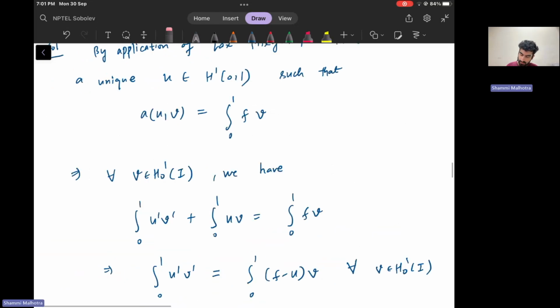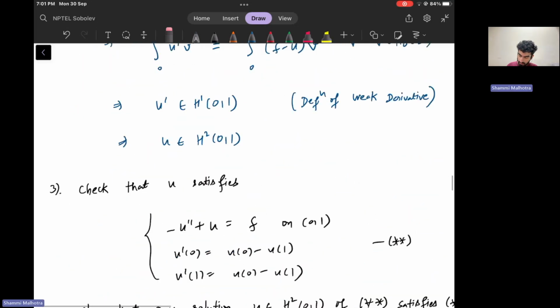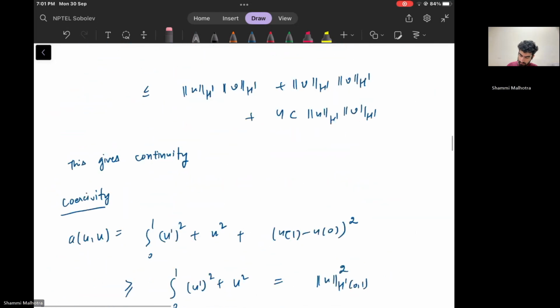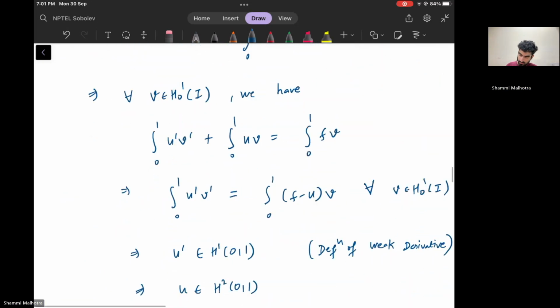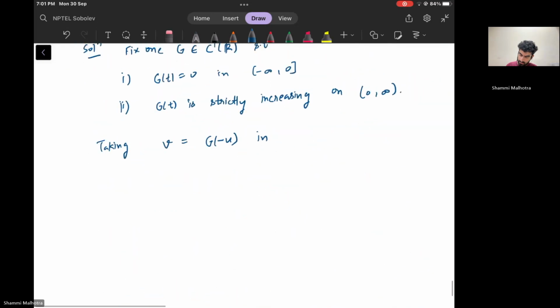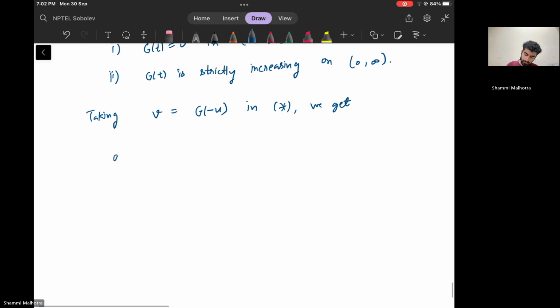Let me mention that as star. So using this, we get a(u, G(-u)) equal to integration 0 to 1 of f times G(-u).